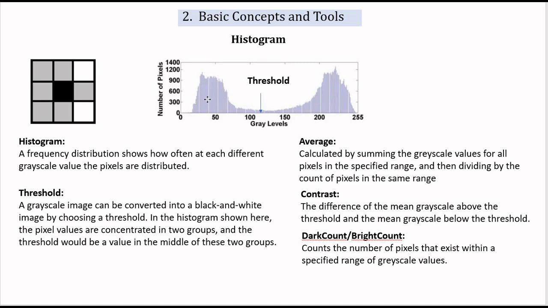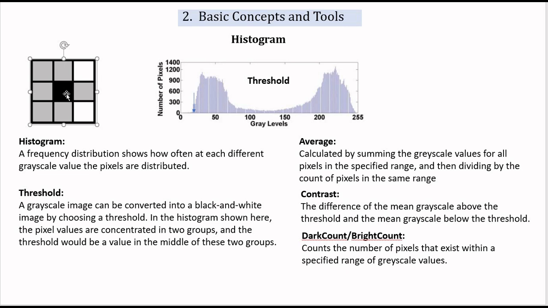If we set a threshold to be very low, then this pixel in the middle will be the only one considered as black, and those gray pixels will definitely have a higher gray level than this threshold, so they will be considered as white.